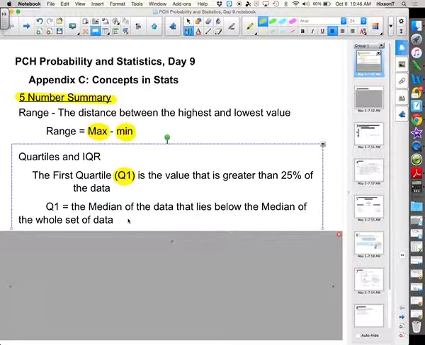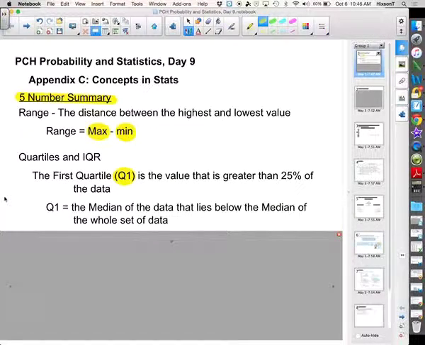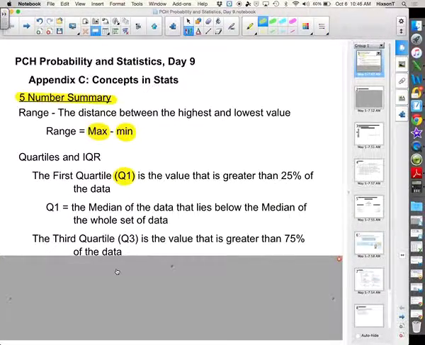It's the median of the data that lie below the median of the whole set. We'll illustrate that here in a moment.